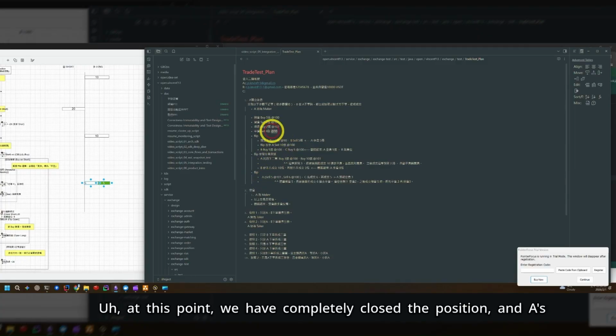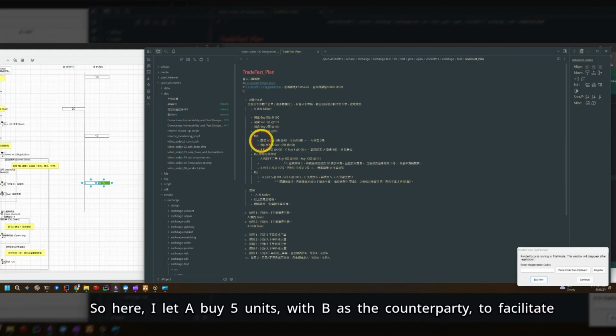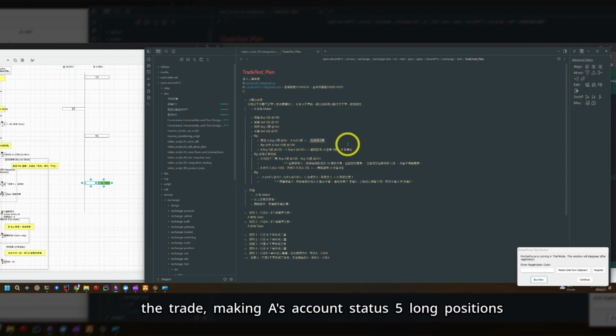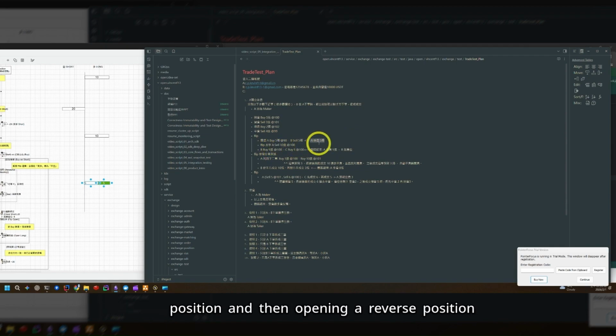At this point, we have completely closed the position, and A's account status is that there are no positions. So here I let A buy 5 units with B as the counterparty to facilitate the trade, making A's account status 5 long positions. And then at this point, A sells 10 units, achieving the effect of closing the position and then opening a reverse position.